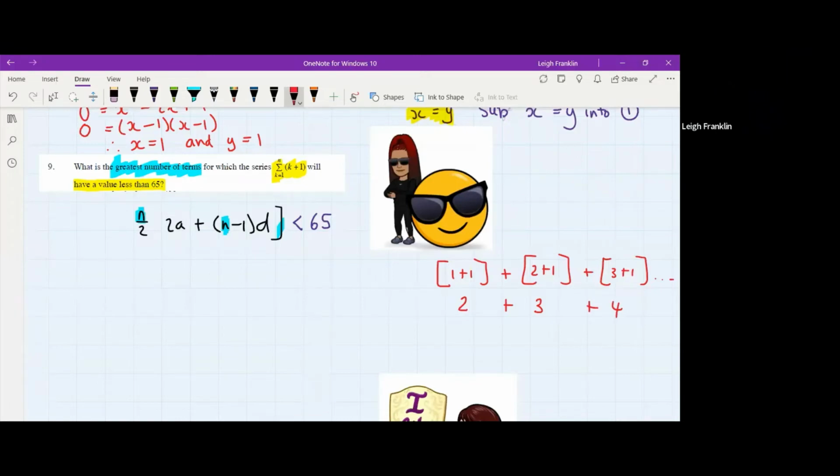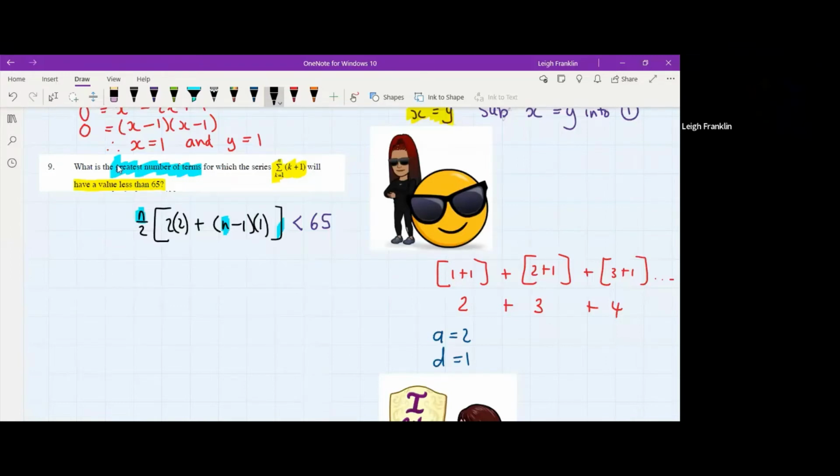Is there an a or a d or an r? There's a d. Good. What's d equal to? 1. Lovely. Now subbing in here, I'm going to get rid of this a and sub in 2, and then get rid of my d and sub in 1.